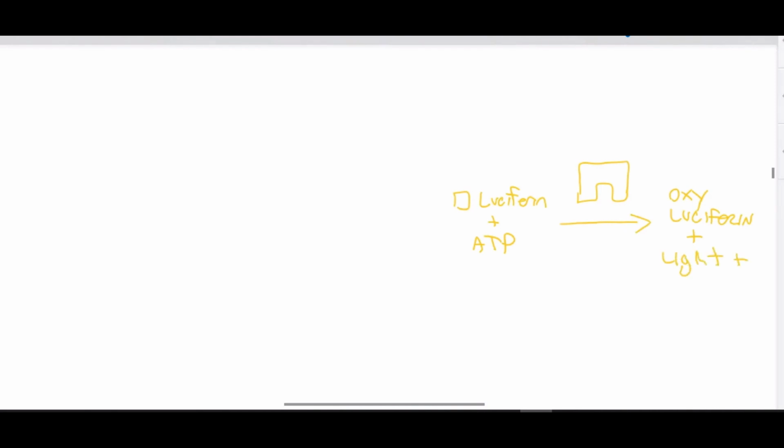So it releases a photon of light. Releases a photon. Plus AMP. So luciferase can make, it's a chemiluminescent reaction where it processes luciferin into oxyluciferin and releases a photon in the process.